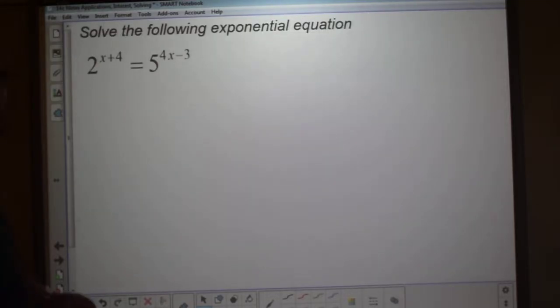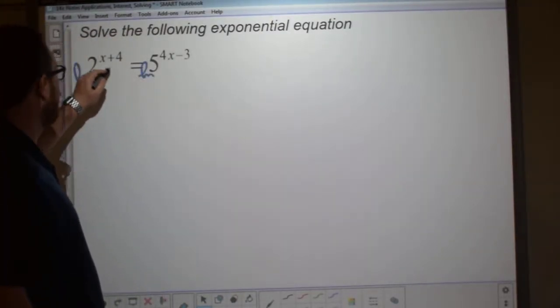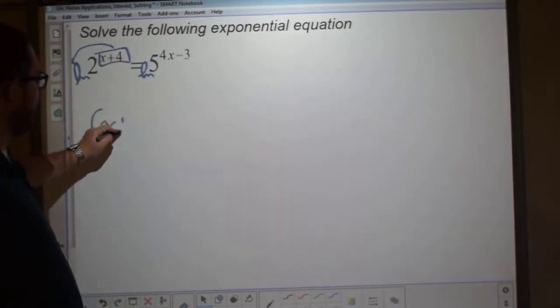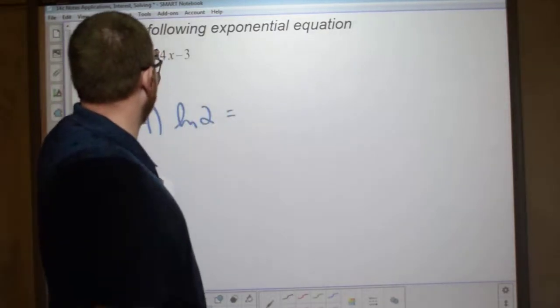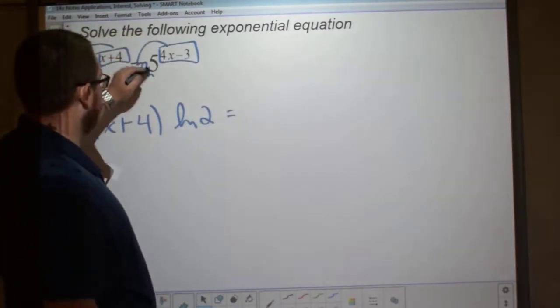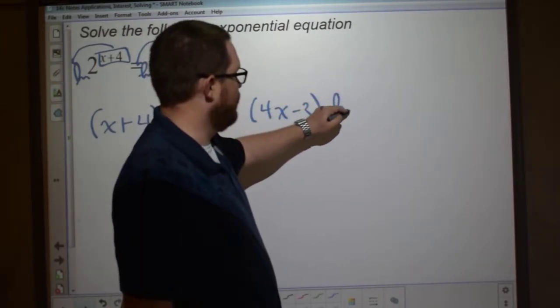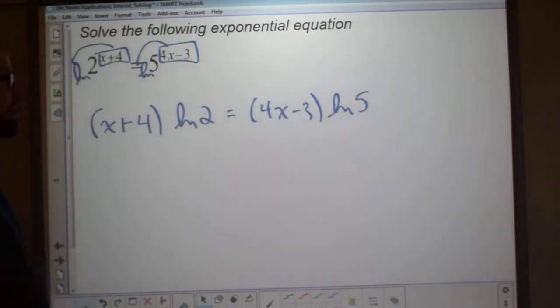Remember, there's a property that you have of logs. When there's an exponent inside the log, I can move it out to the front. So I've got x plus 4, natural log of 2, equals 4x minus 3, natural log of 5.